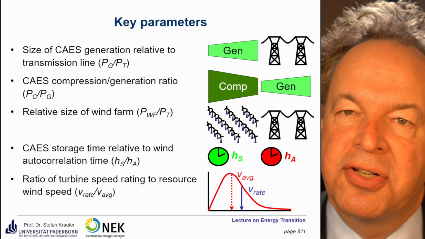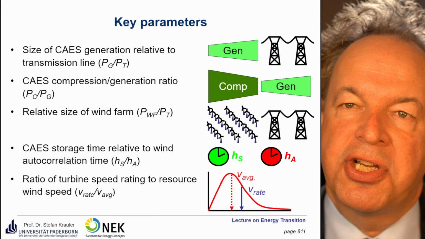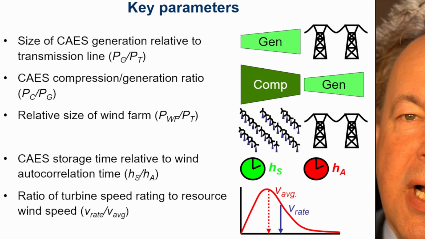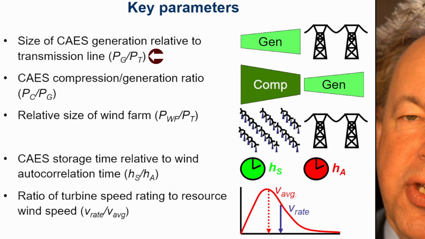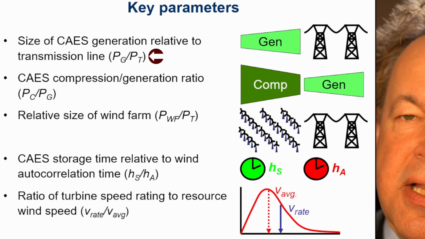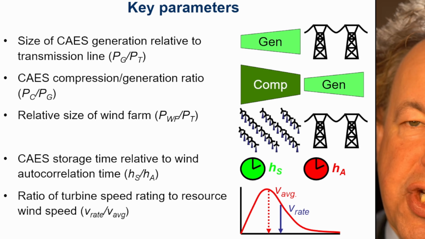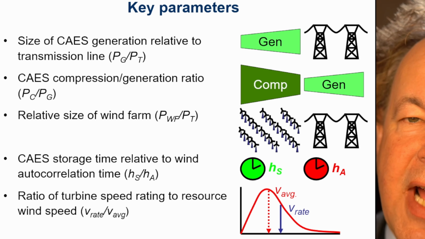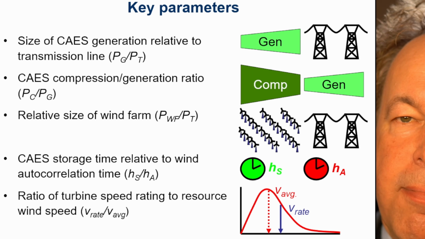So the key parameters are the size of the storage system, not only the storage size, but also the power output relative to the transmission size. So PG, from the generator, to PT, the maximum power of the transmission lines. The CAES compression and generation ratio: so we have the input, PC, divided by PG, the generator power.